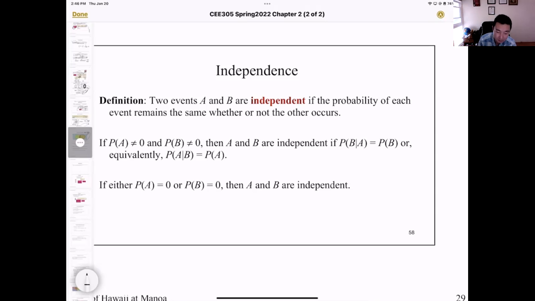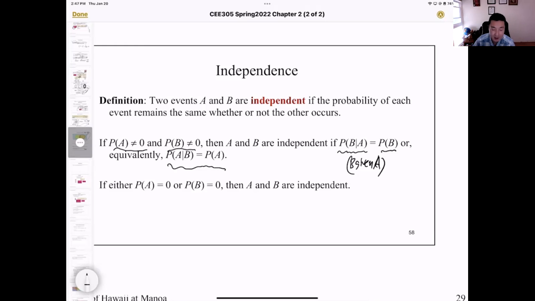If PA and PB are not equal to 0, we can conclude A and B are independent if PB given A, where the condition is A, is equal to PB, or PA given B is equal to PA.